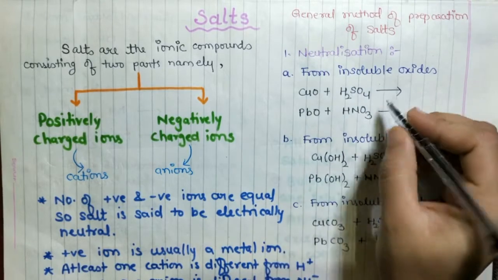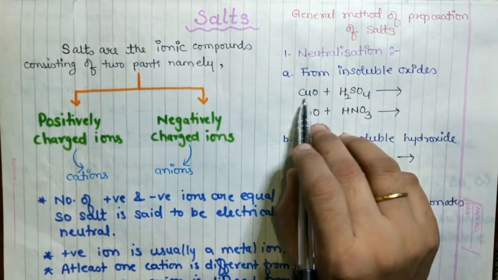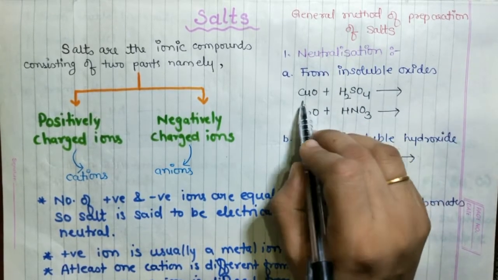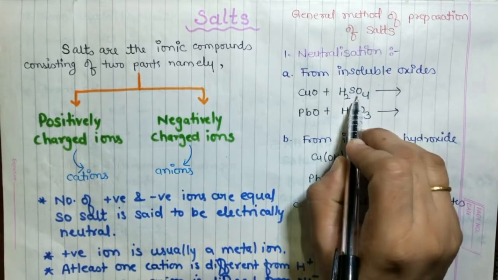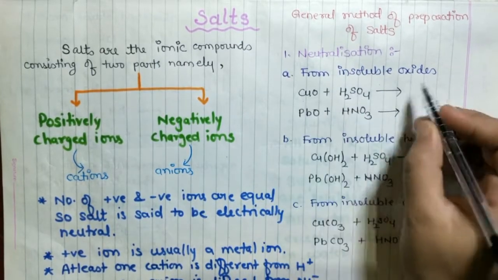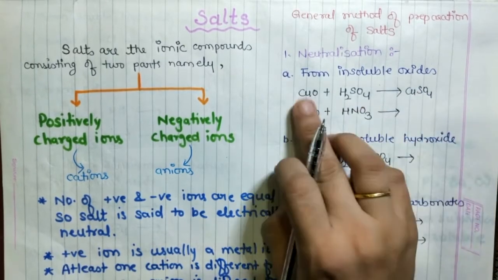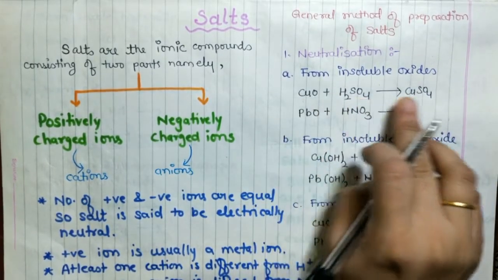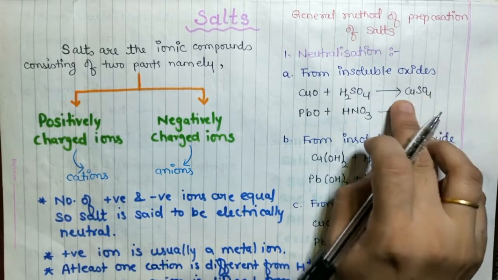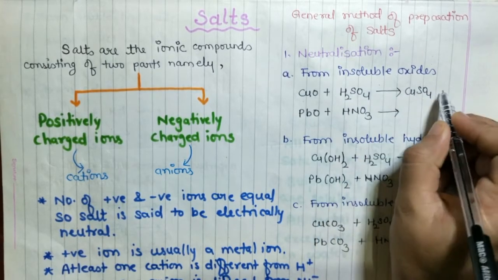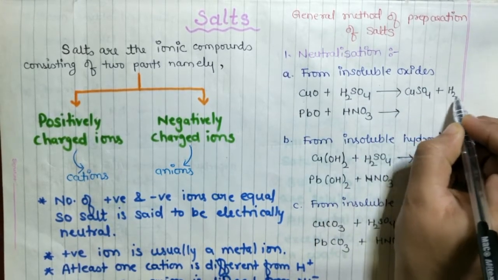How? Let us check. Whenever copper reacts, it is always a positive ion, and this is the negative ion. So copper will react with H2SO4 and take the sulfate ion. Copper along with sulfate will form copper sulfate. Now what about the next product? That will be your water.